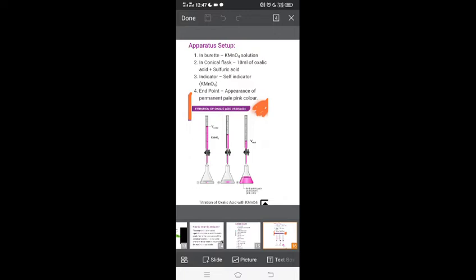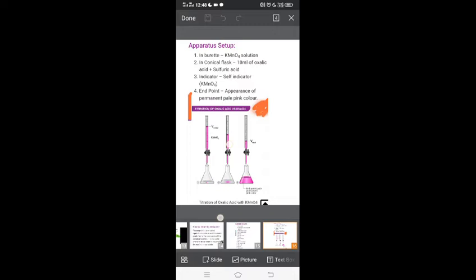Now, what should be the end point of our titration? Oxalic acid is an acid, so it is a colorless solution initially.